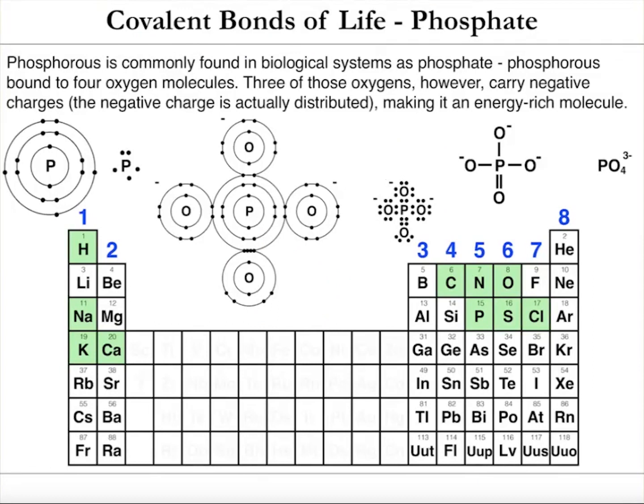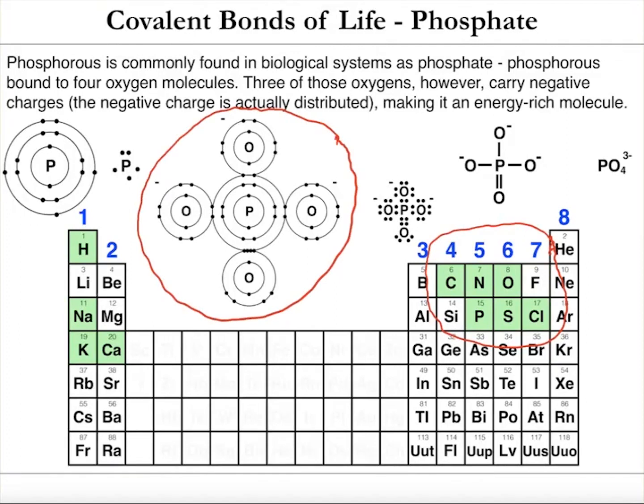The last atom that we're going to talk about in this section is phosphorus. Phosphorus is really important to biological systems, but it's mostly just found in the form of phosphate. It gets a little more complicated, because it's only found in this form where phosphorus is bound to 4 different oxygen groups.